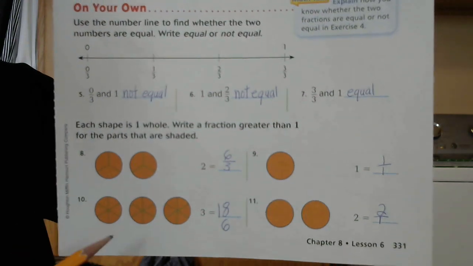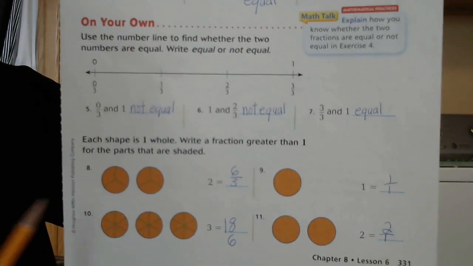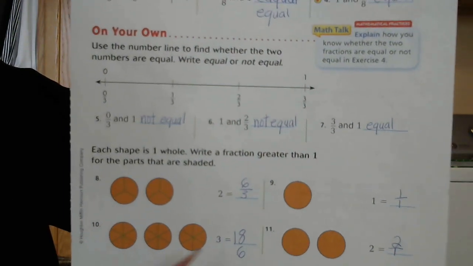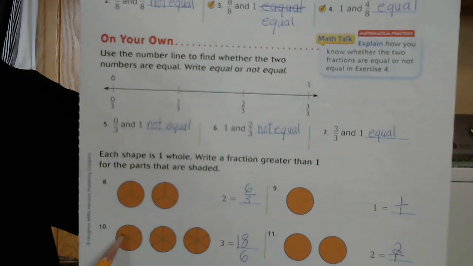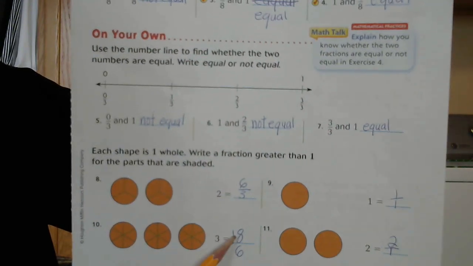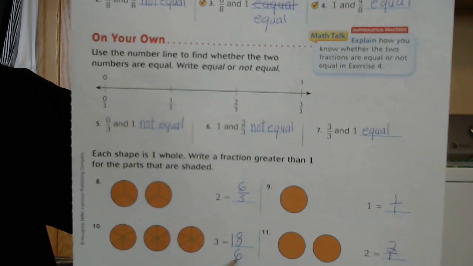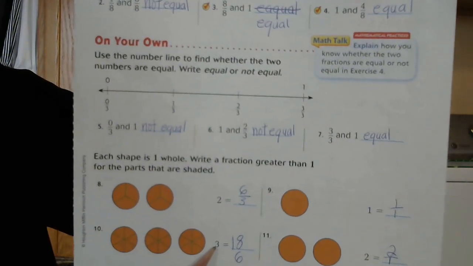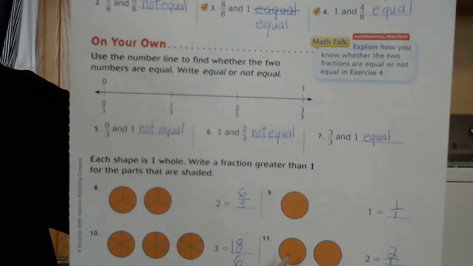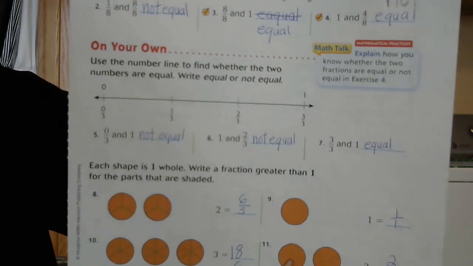Number 10 has 1, 2, 3, 4, 5, 6 parts in each whole. 6 is my denominator, but there are 6 here and 6 here and 6 here, which makes 18. So 18/6, which equals 3.